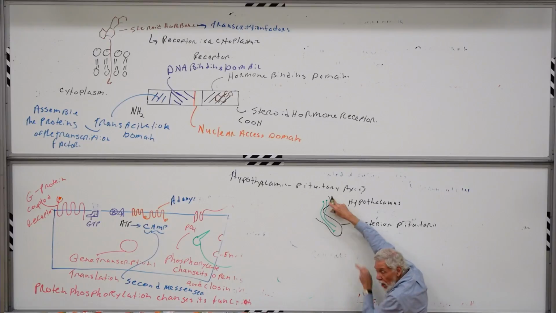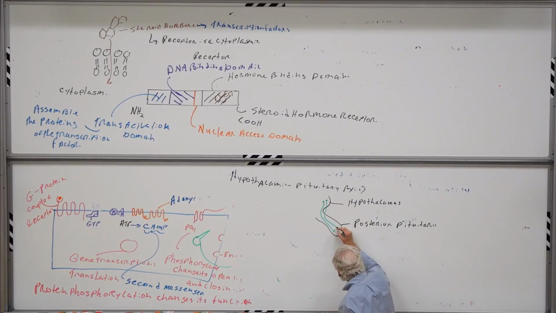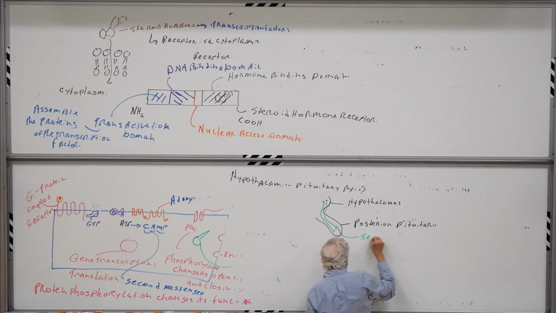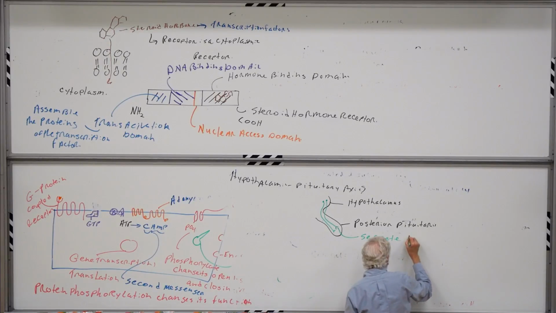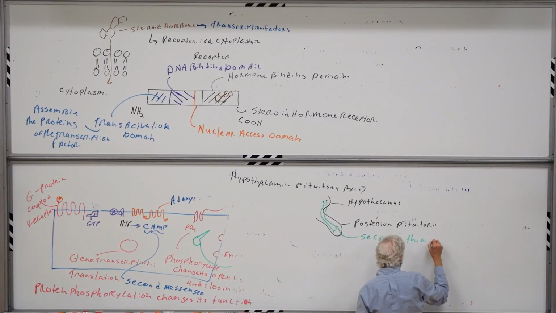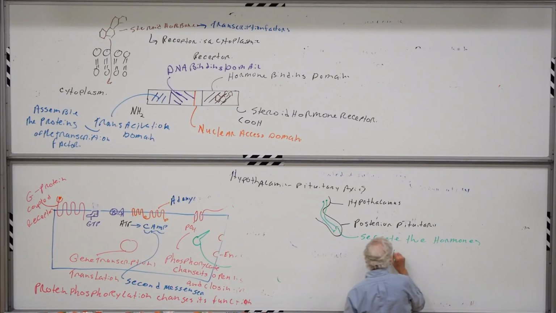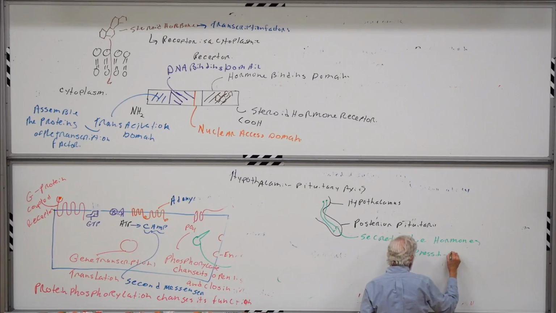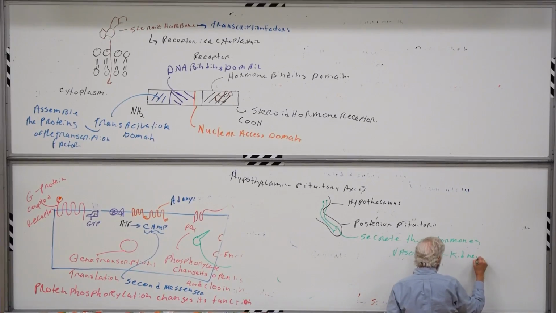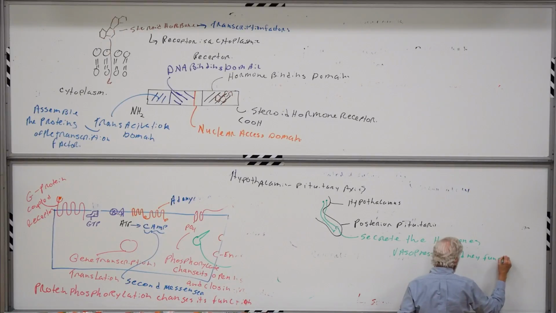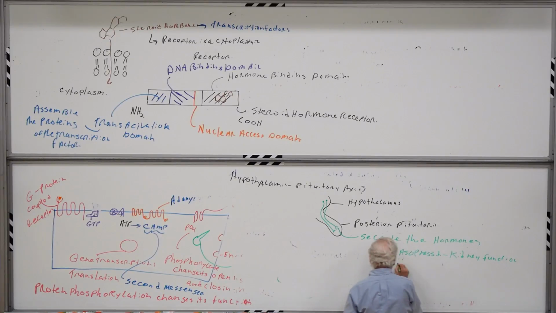These neurons, whose cell bodies are in the hypothalamus, will in fact secrete the hormones vasopressin, which are for kidney function, and oxytocin.